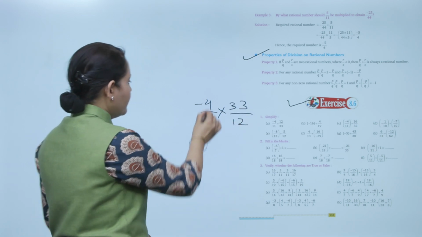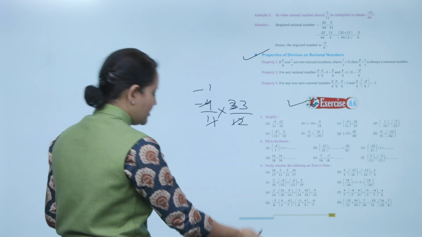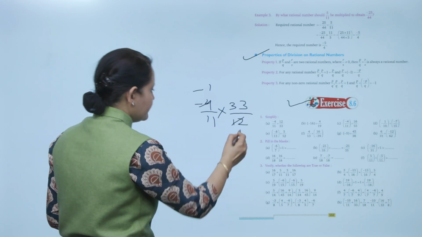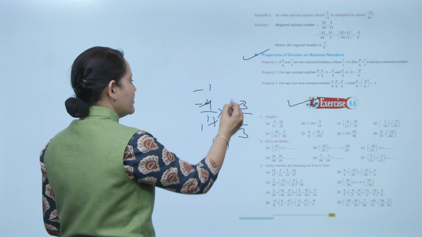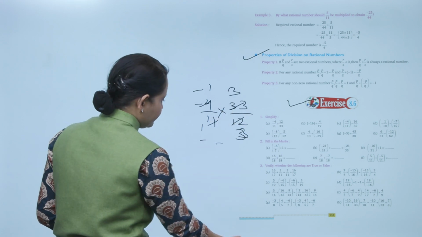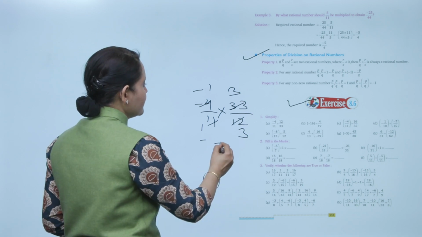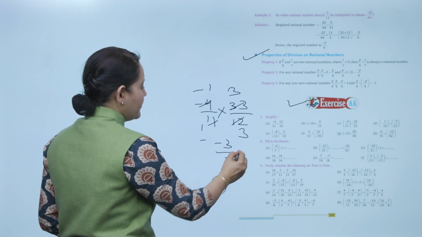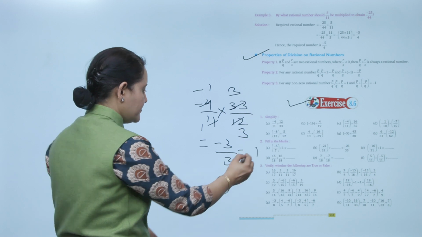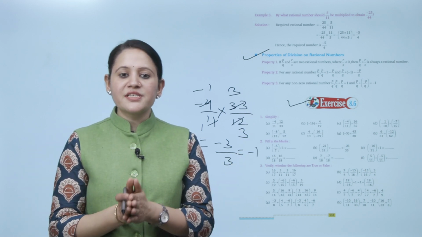Clear? 11 ones are 11 and 11 threes are 33. So this will become -3 upon 3, that is equal to -1. Clear? So practice all the questions of this exercise.